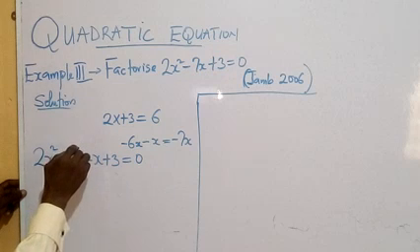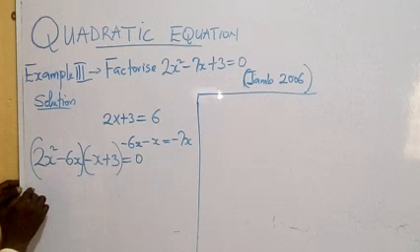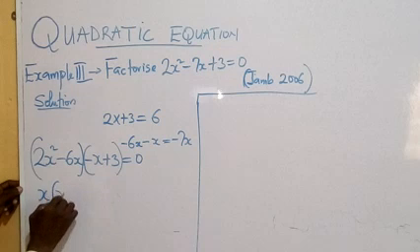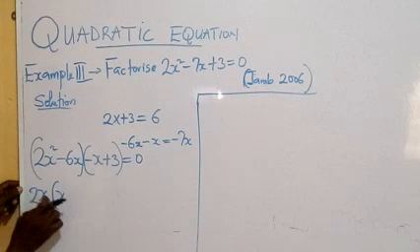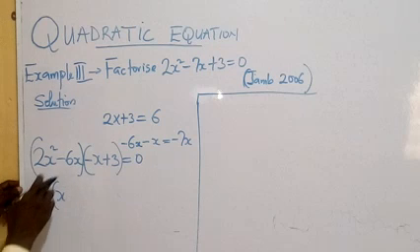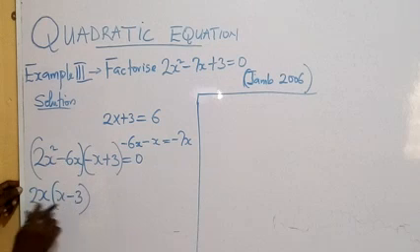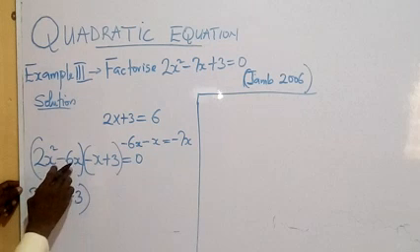At this stage, we can now factorize. What is common here? We have 2x. Bring out the 2x, and x is remaining. 2x multiplied by x gives you 2x squared. Now, what can you multiply that will give you minus 6x? Say minus 3. 2x multiplied by minus 3 gives you minus 6x.